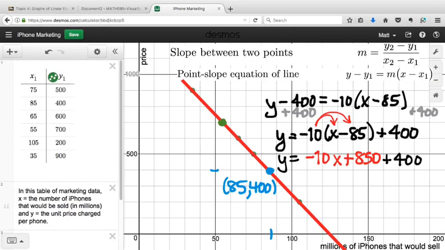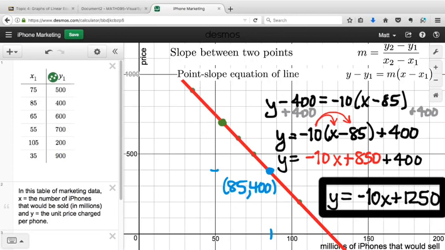And then what's the only step that I have remaining? I can add together 850 plus 400 and make that a single number. And what I get at the end of that process is an equation, y equals negative 10x plus 1250. That now has y by itself, but also has completely simplified arithmetic on the other side.